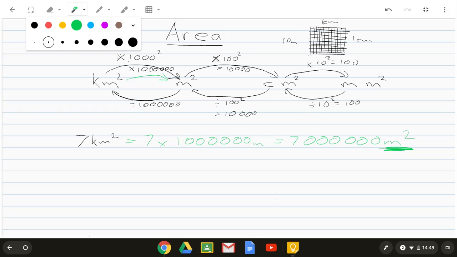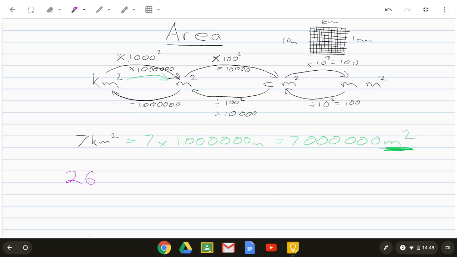Let's have another example. If I was converting 26 centimeters squared, and I wanted to convert that to meters. So I'm going from centimeters to meters, so you follow the arrow. In this case, we're dividing it by 100 squared, or we're dividing it by 10,000.